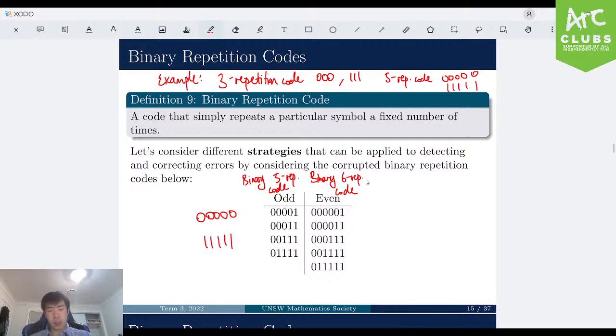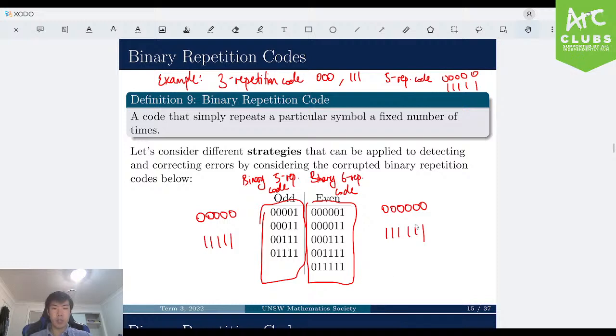In our binary 6 repetition code, we should only ever see 0, 0, 0, 0, 0, 0, or 1, 1, 1, 1, 1, 1. All of these code words here are corrupted because they don't belong in the set of binary 5 repetition codes, and these ones don't belong in the binary 6 repetition code.